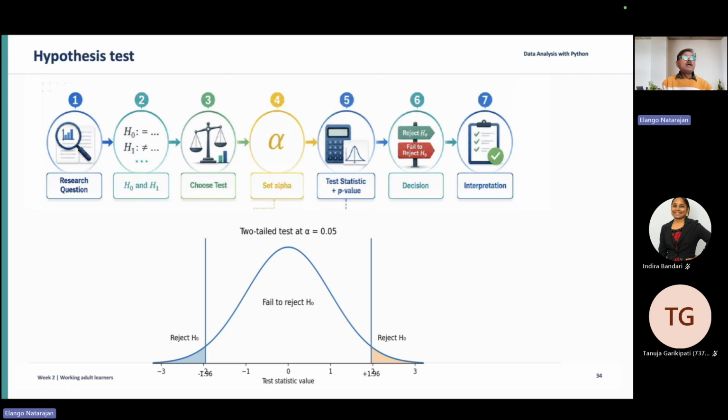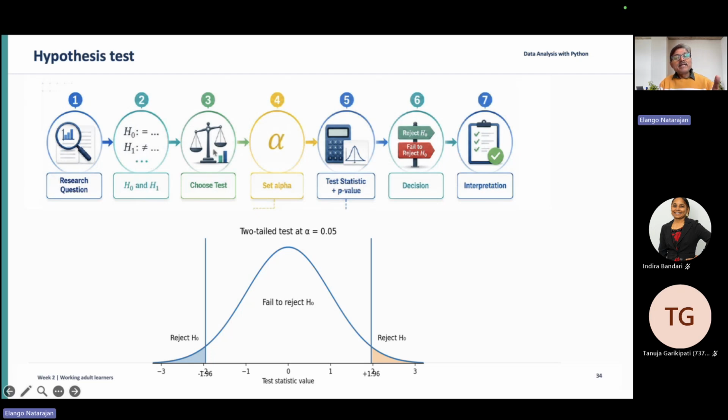For example, there is no need to meet the doctor when I take an apple every day. That is your null hypothesis. The alternate would be: there is a need to meet the doctor even if you take an apple every day. That is the alternate hypothesis.